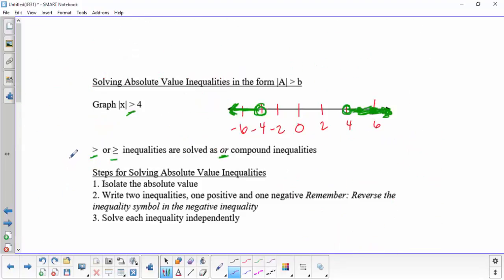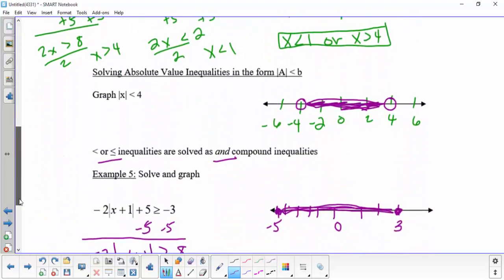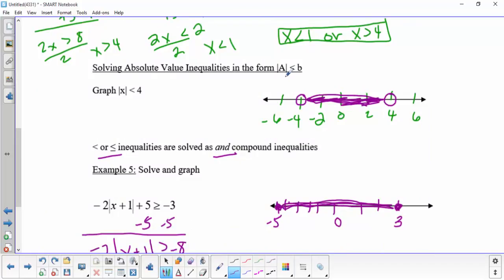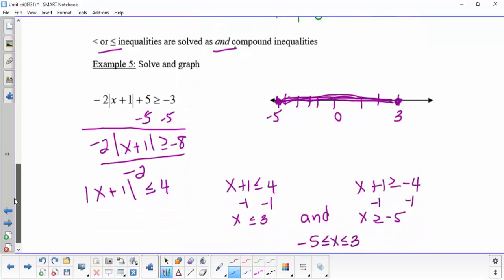We then went on to solve absolute value inequalities. We learned that greater than absolute value inequalities are solved as or compound inequalities. And we learned that less than absolute value inequalities are solved as and compound inequalities.